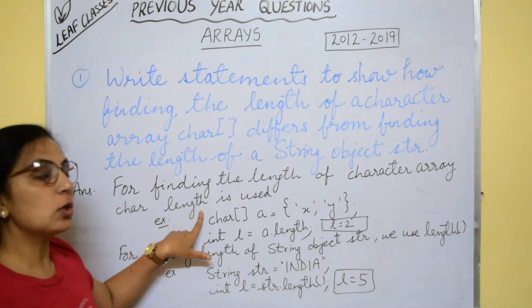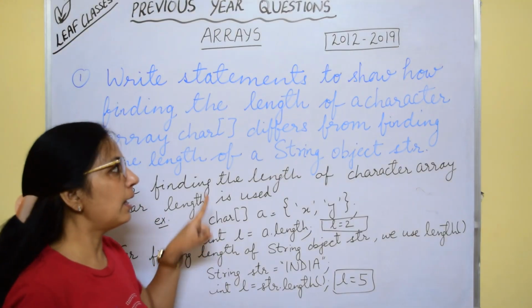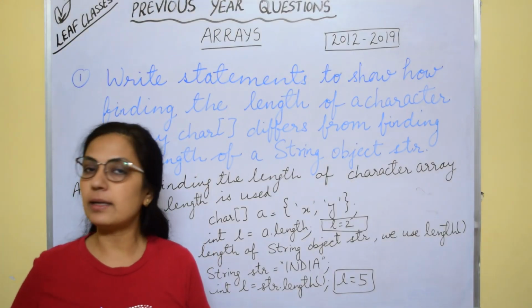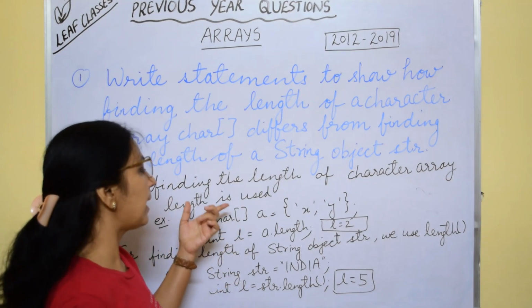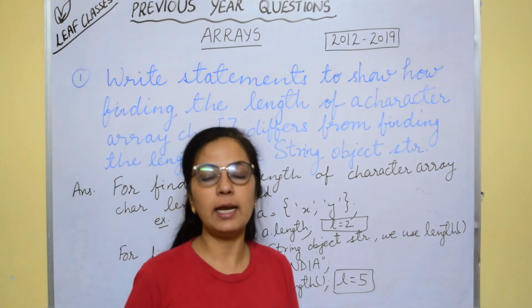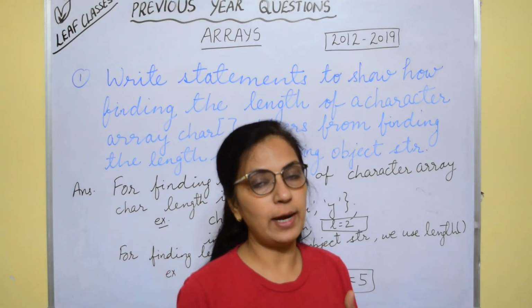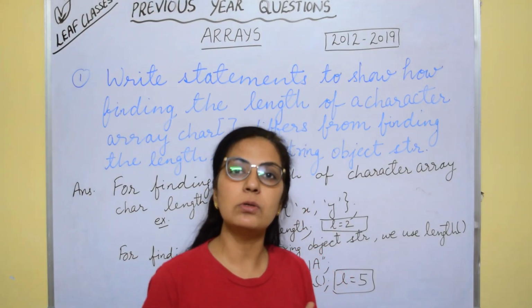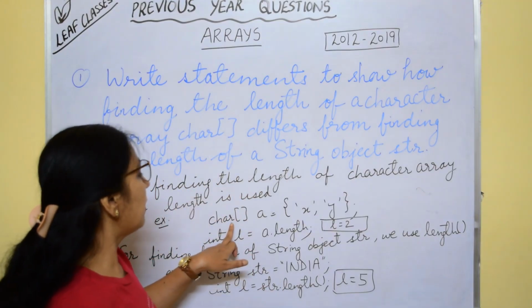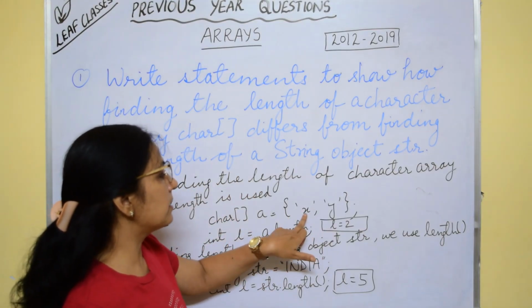Length is used to find the length of any array. Here in the question character array is given, so I have taken character array. Otherwise for integer array, for float array, for any array, if you want to find the length of the array, you use length.